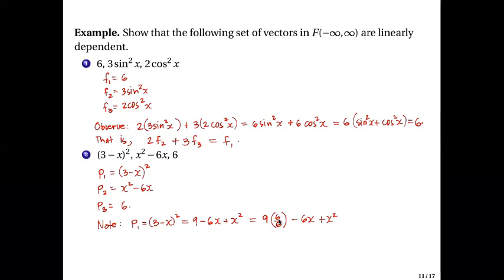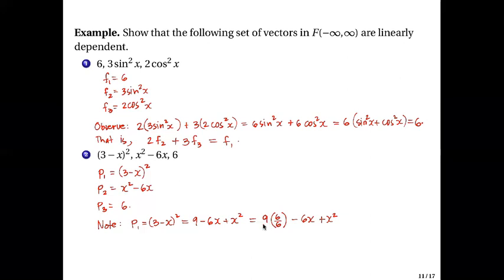But I chose specifically 6 because I want to get my P3. So I'll get the numerator, and the denominator I will attach to this 9.